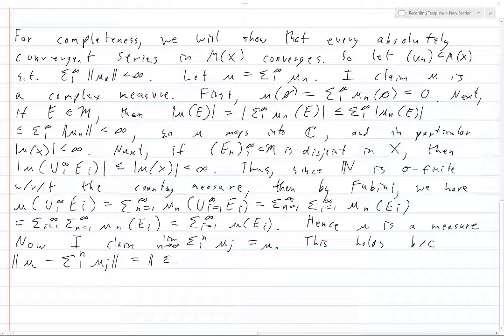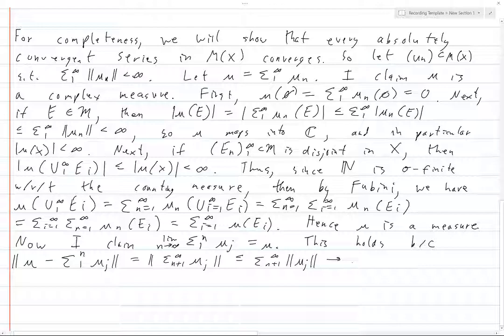This is just the sum from n plus 1 to infinity of mu_j, and this is less than or equal to the sum from n plus 1, I'm not putting in the index j equals n plus 1, I'm just using a shortcut. So that's less than or equal to this.